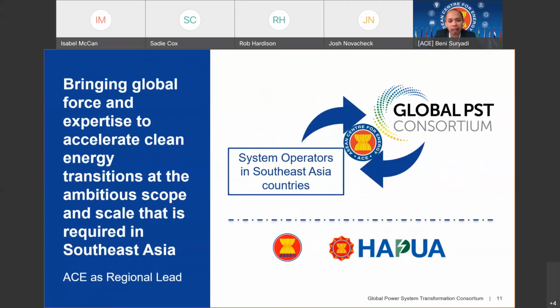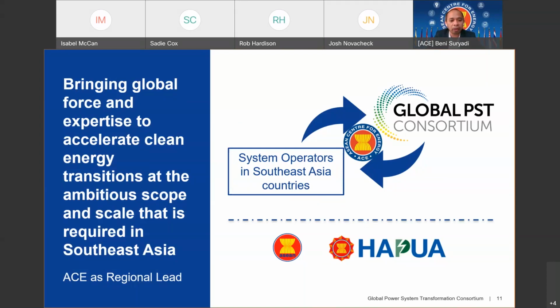But we do realize that this is something that we can't do alone by ourselves in this region. This is why ACE is very proud to be part of the global consortium on power system transformation. As you heard previously from Sadie, it has a lot of expertise joining hands under this global consortium.